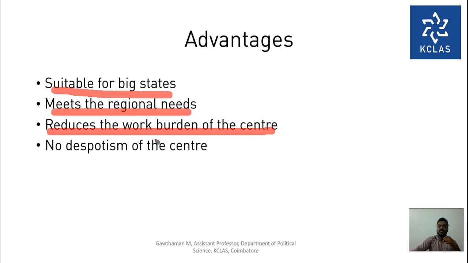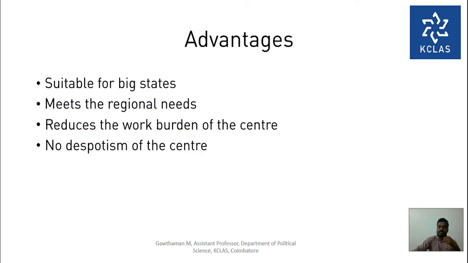So the workload is high for the central, but in a federal setup the workload is much less for the center, and there is no despotism of the center. In a unitary state there are chances of central despotism, but here there are no such chances because the state government is also functioning in a federal system.